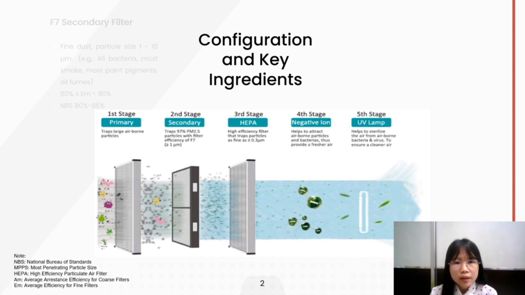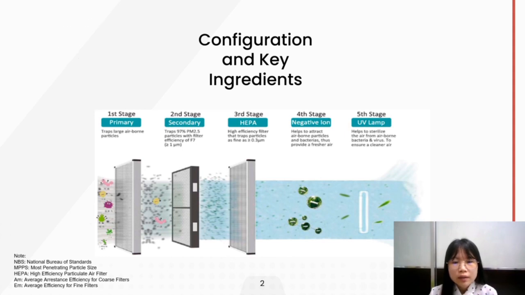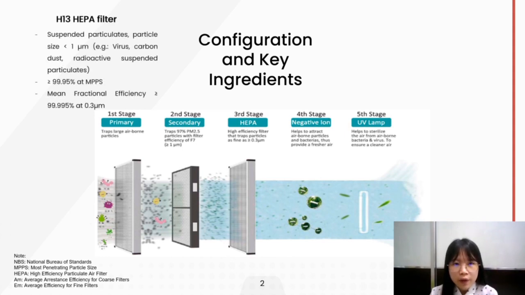For the second stage is the F7 secondary filter, which will filter out fine dust with particle size from 1 to 10 micrometers, for example, bacteria, most smoke, most paint pigments, and oil fumes. And the third stage is the H13 HEPA filter, which will filter out suspended particulates with particle size smaller than 1 micrometer, such as viruses, carbon dust, radioactive suspended particulates, and so on.